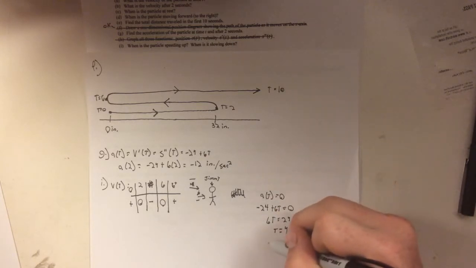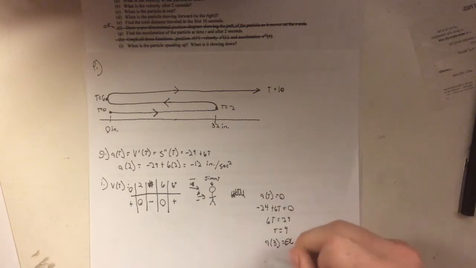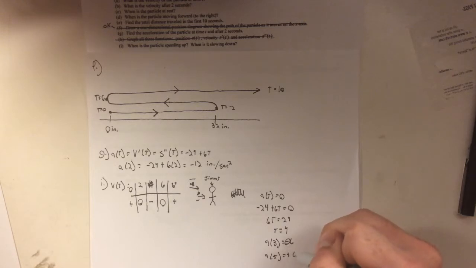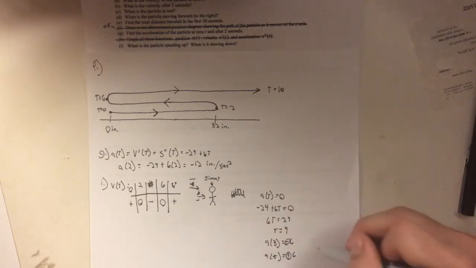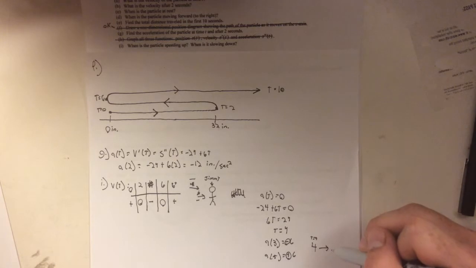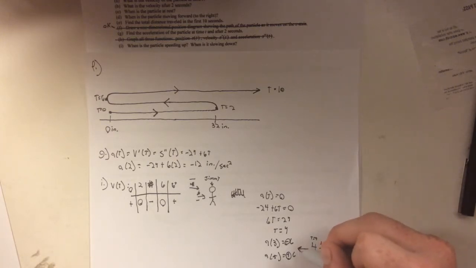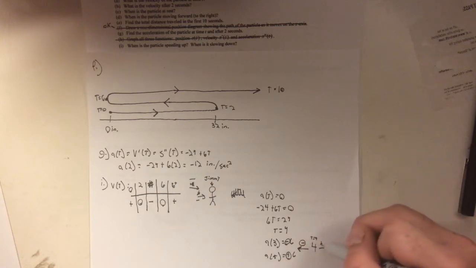And then after plugging in a value less than 4, a of 3, that's negative 6. Oh, we have a sign. And a of 5 is positive 6. Oh look, a sign. So concluding from that, we have t equals 4. And everything after 4 is going to be positive, and everything before 4 is going to be negative.